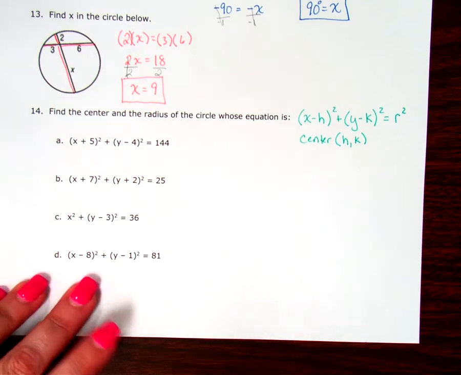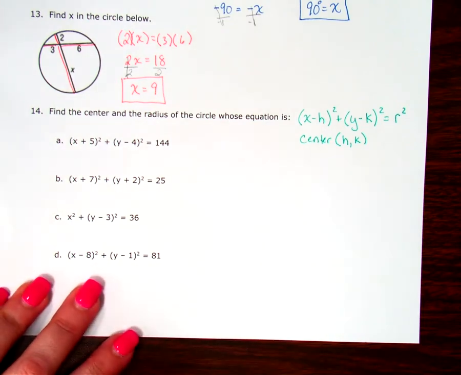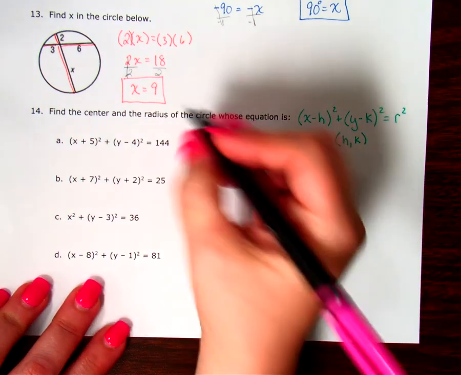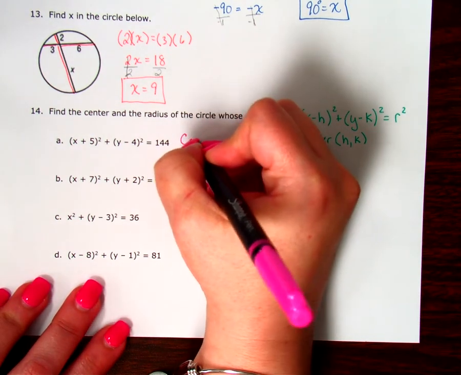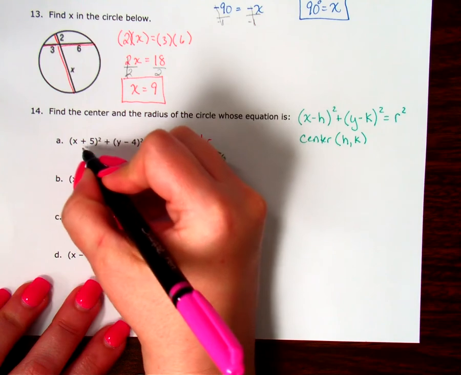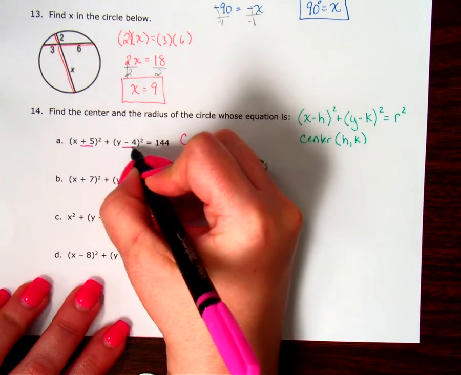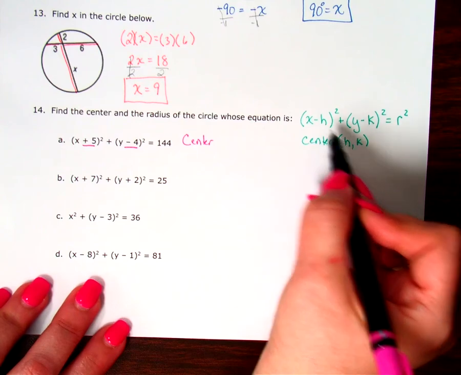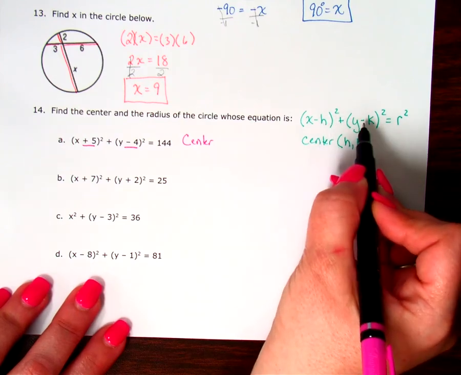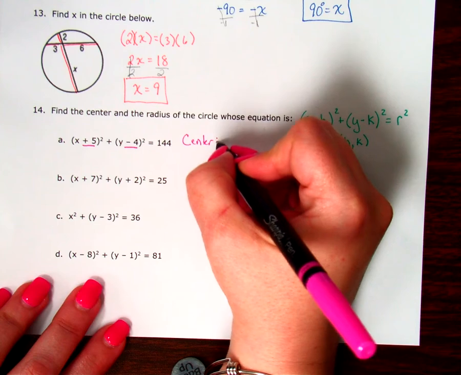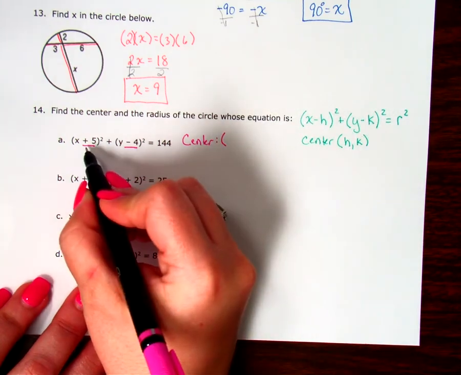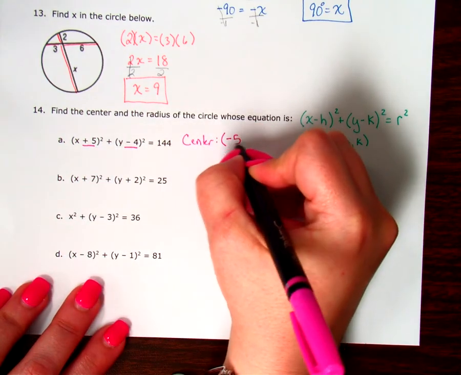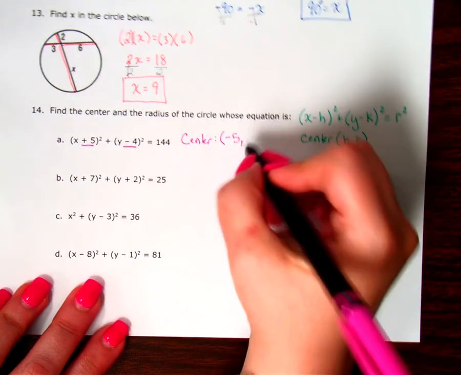All right, let's look at the first one, letter A. x plus 5 squared plus y minus 4 squared equals 144. My center, I look here and here to give my x and y values, and I remember they're going to look opposite in the formula, which means my center is really the point -5, +4.